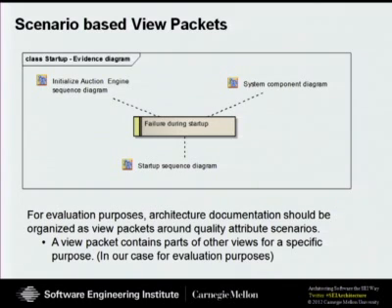If you would have something like that, then an architecture evaluation would be very, I wouldn't say easy, but much simpler than it is today. When you look at the SEI's approach, Views and Beyond, how to document architecture, you will find the concept of a view packet. A view packet means bits and pieces from views packaged together for a certain purpose. And here in our case, it's evaluation purpose.